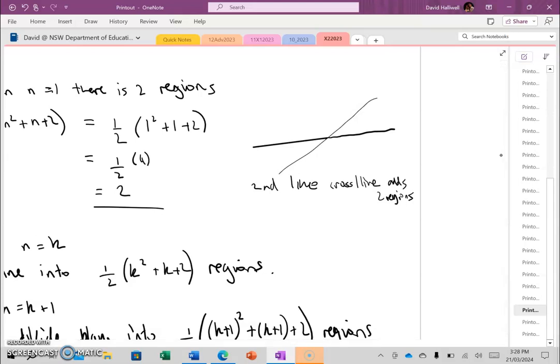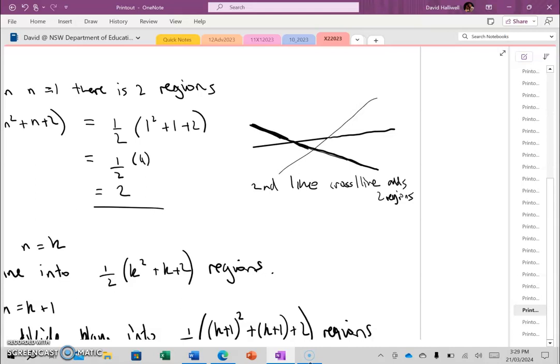So I need to do a third line here. Let's draw a third line. It can't be parallel to those 2, and it can't be concurrent, so it can't go through the intersection. So we've got it like that. Now let's have a think here. Over here, we create another region. Over here, we split that into another region.